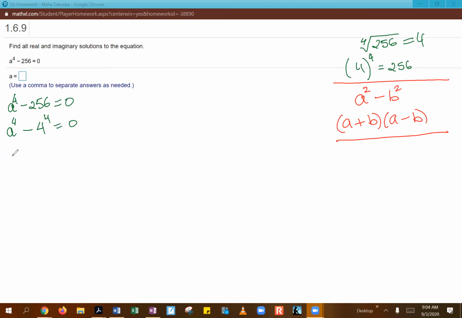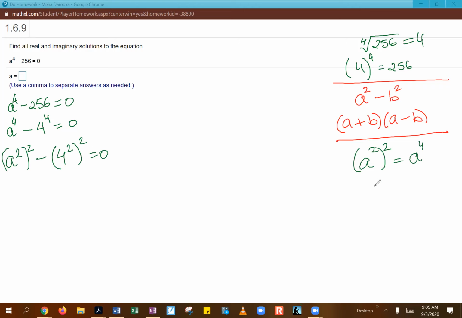So I can write this as a to the 2nd power raised again to the 2nd power, minus 4 to the 2nd power, also raised to the 2nd power, because when we do a to the 2nd power and raise it again to the 2nd power, 2 times 2 gives us 4.